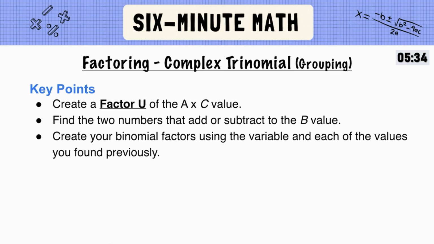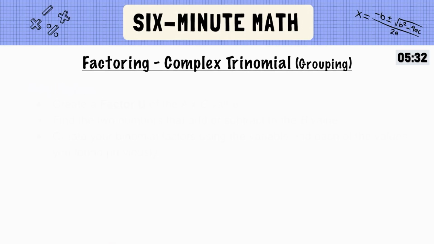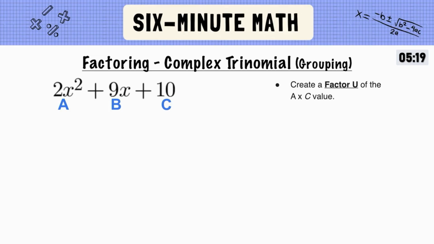Grouping is best described using an example. So let's check out what that looks like. We're going to factor 2x squared plus 9x plus 10. So the first thing we're going to do is have our a, b, and c value, and we're going to create a factor you of our a times c. 2 times 10 is 20, so we have our factor you for 20.